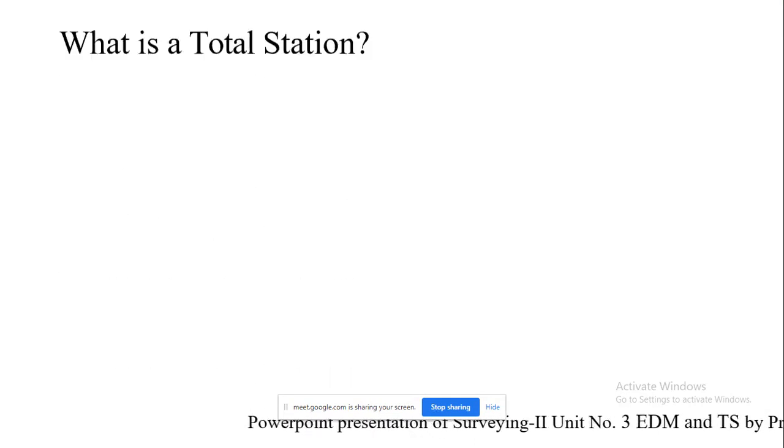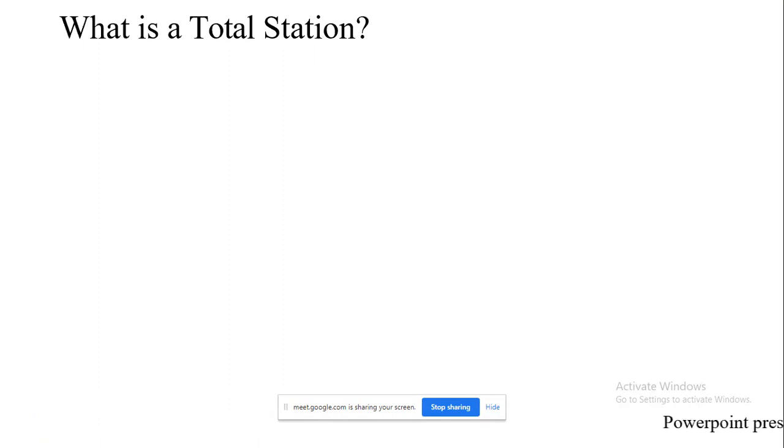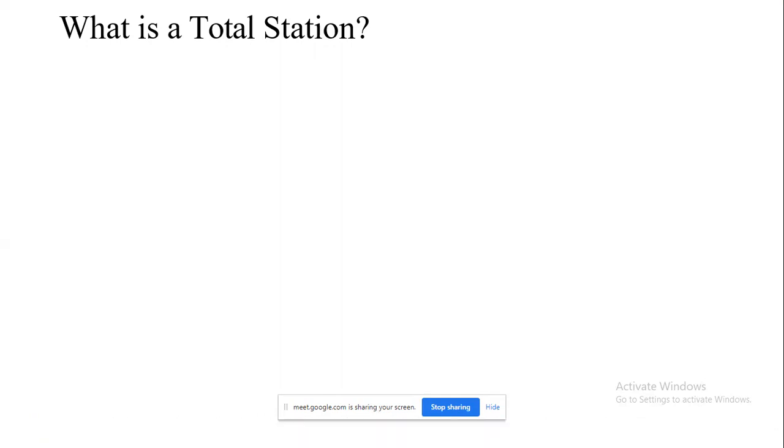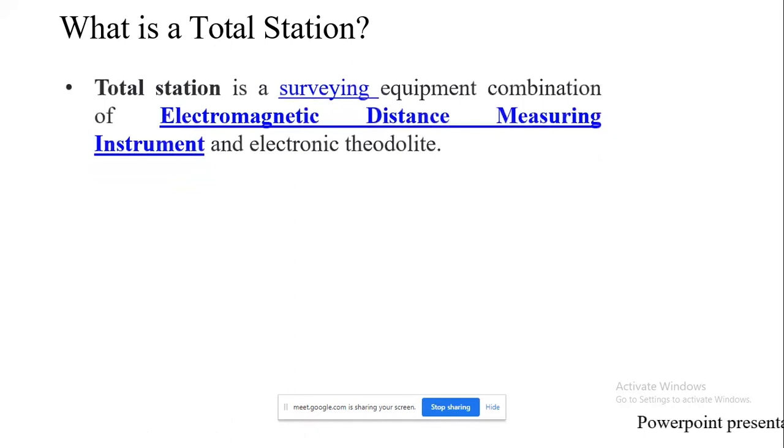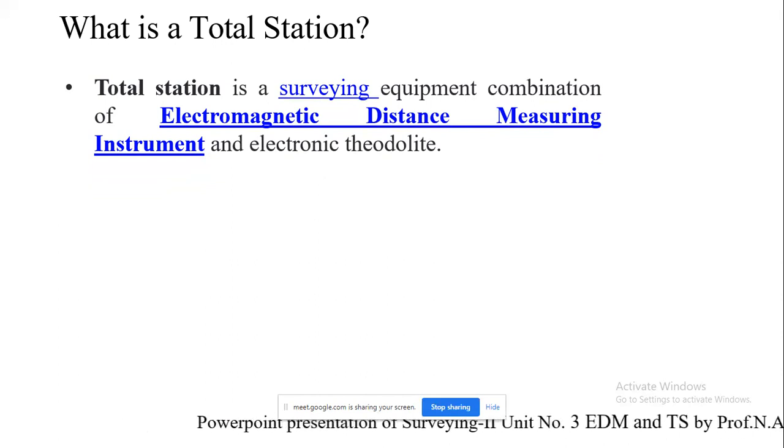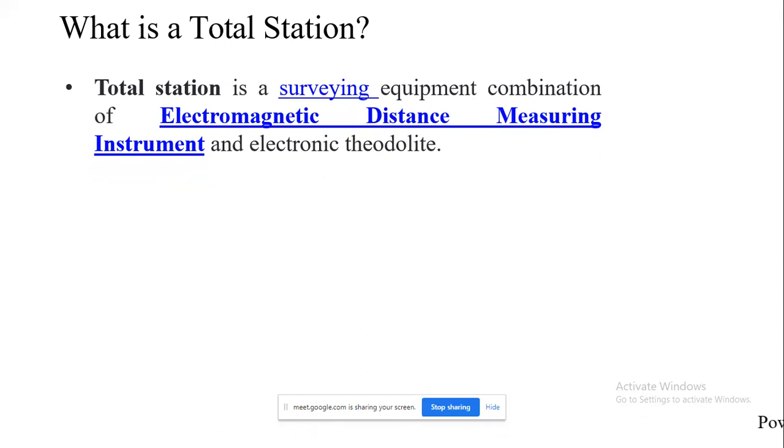So in this unit, the second part we are going to see is the total station. So what is a total station? The total station is a surveying equipment which is a combination of an electromagnetic distance measuring instrument and an electronic theodolite.